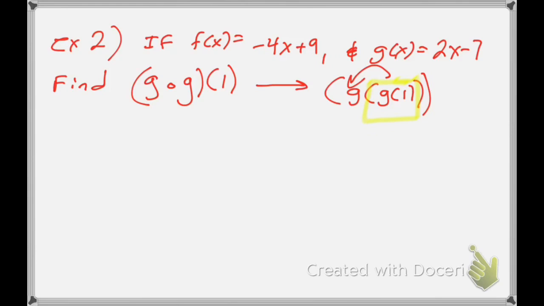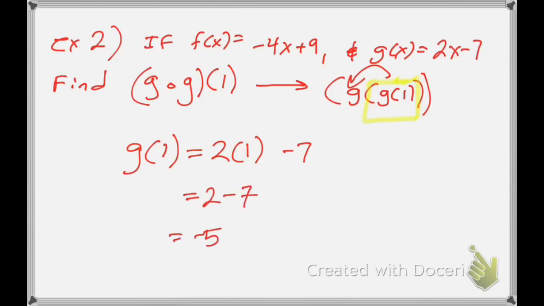So to evaluate this one, I'm going to first again work from the one closest to the number here. I'm going to take g of 1, so I'm going to evaluate the function g when x is equal to 1, and that's 2 times 1 minus 7, that gives me 2 minus 7 gives me a negative 5. And then I'm going to move on to my second function, my outer function here.